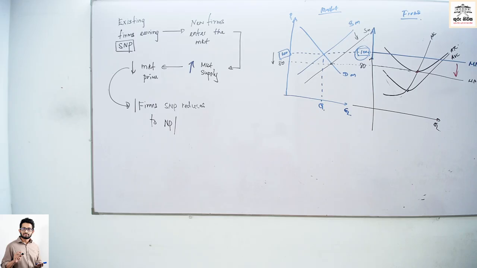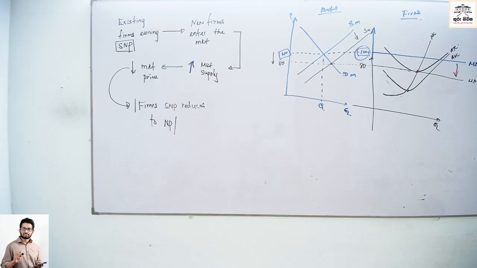If you want, you can write it down in your words. That supernormal profit does not reduce to economic losses. Remember that researchers have found that supernormal profit decreases to normal profit.